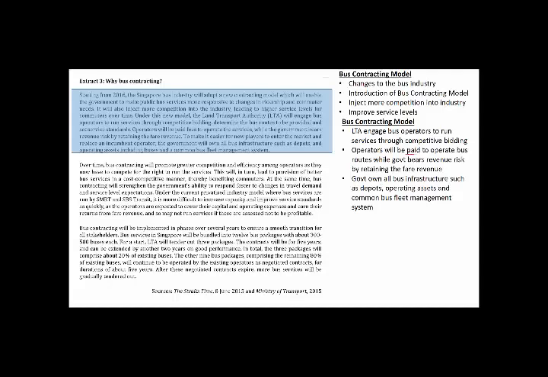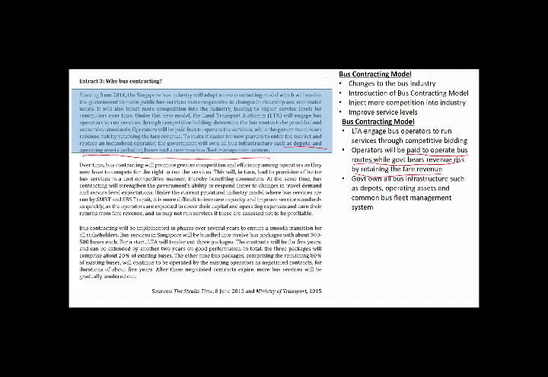So operators are then paid to operate these bus routes, while the government takes the revenue risk because right now all your bus infrastructure, operating assets, all this. Before this, in order to come in and be in the bus industry, you need to pay for your bus depot, your bus interchange.